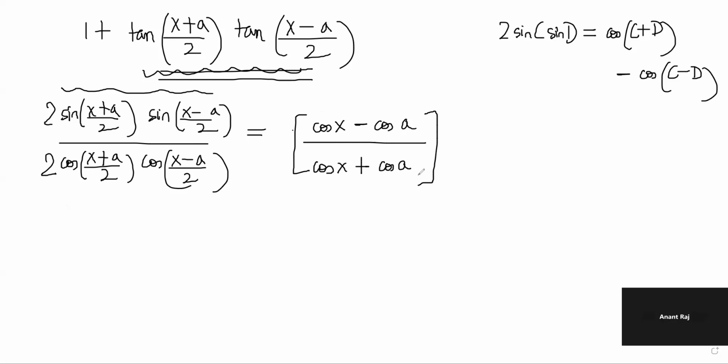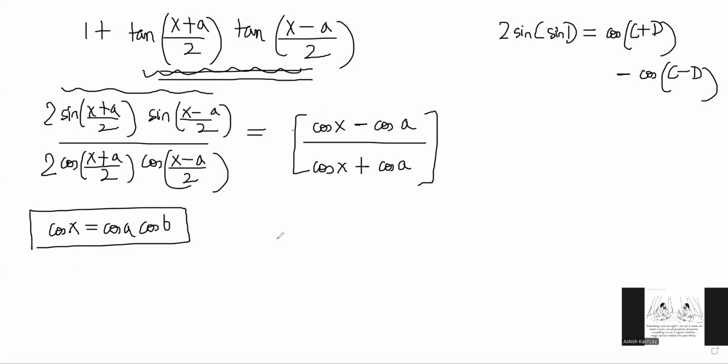Yes sir. Now, in the problem, they had said cos x is equal to cos a cos b, right? Yes sir. So we can put that there now, right? So cos a cos b minus cos a, and cos a cos b plus cos a, right?